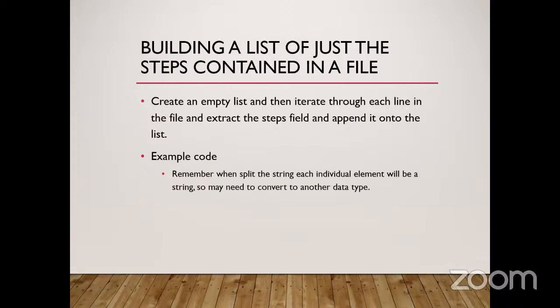And now I just have that data in a separate list to manipulate and do stuff with, but I haven't lost the integrity of my original file because I read it in and put it into a new list to do stuff with.